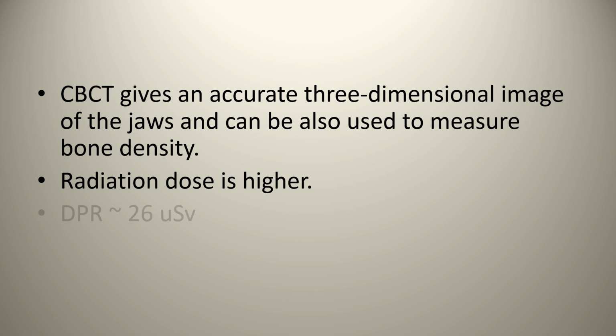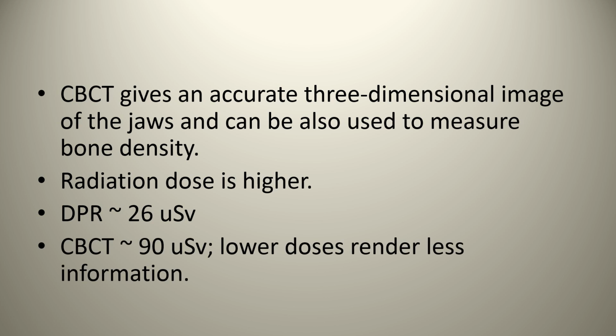So a dental panorex, you give about 26 microsieverts of radiation, and this is using the plain film dental panorexes, not the digital ones. With CBCT, you're talking about at least 90 microsieverts, and the lower doses basically render less information. So there are CBCT scanners that say, okay, we don't give as much radiation.